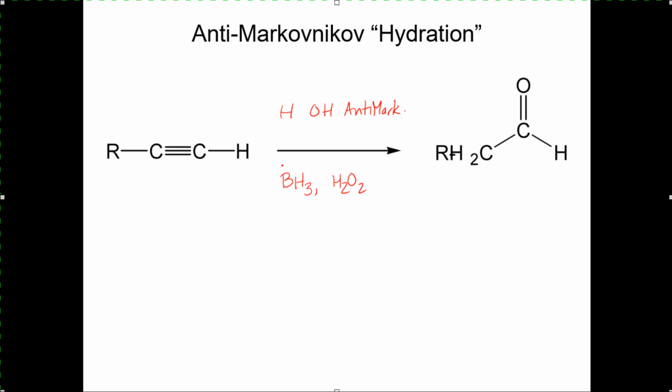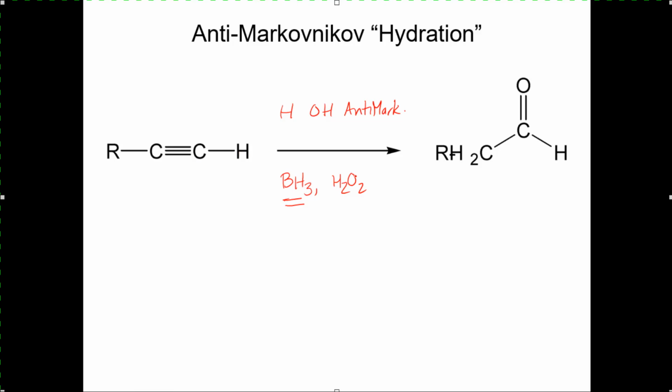Well, there's a problem with just using BH3. And that is, remember when the boron would add to one carbon and the hydrogen would add to the other carbon. And remember, the boron added to the least hindered carbon, which is the one with the most hydrogens.